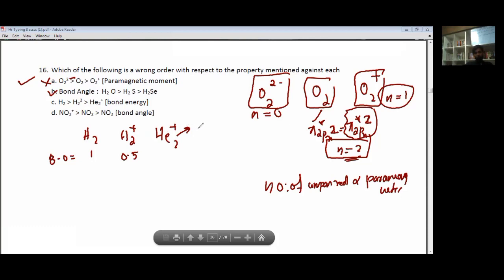So here the bond order is also 0.5. Okay. So as bond order decreases, bond energy nearly decreases. So this will be the bond energy order. Here this is correct. This is actually NO2 minus. So this is correct. Okay. So the better choice is A.